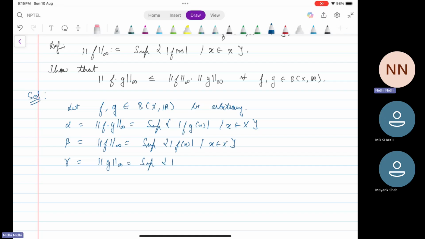These are just some positive real numbers. And we need to show that alpha is less than or equal to beta gamma.